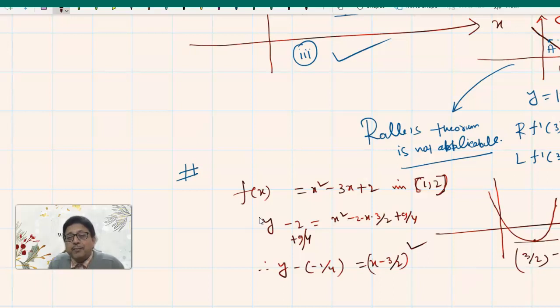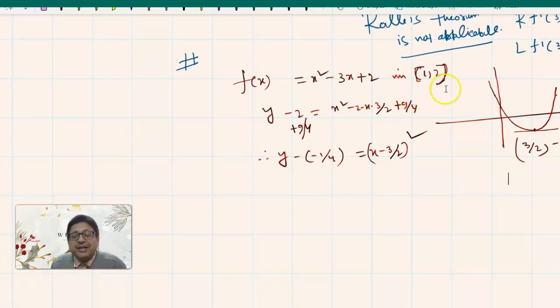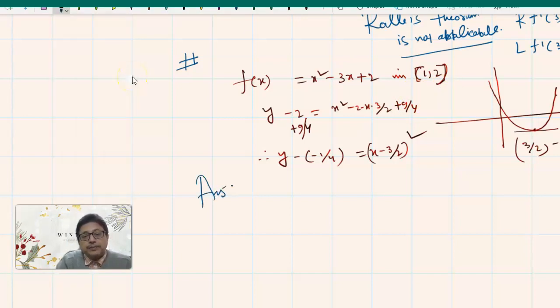That's true. But analytically, if they have asked you to verify whether Rolle's theorem is applicable for this function in the interval [1, 2], how do you check? Let us verify it. This is graphically; algebraically we are going to do it. So f(x), you can see that it's a polynomial function.